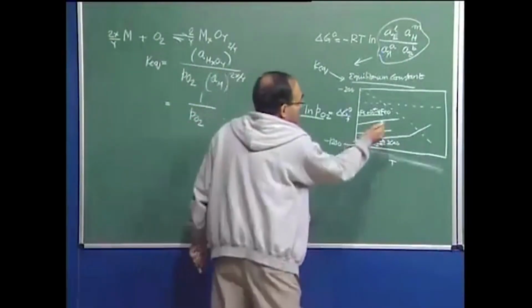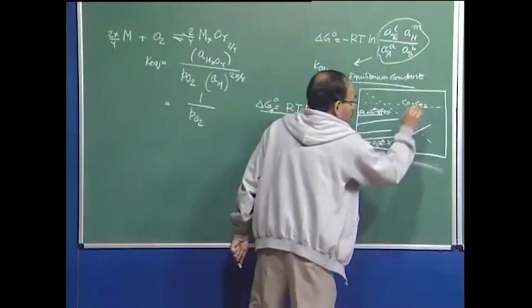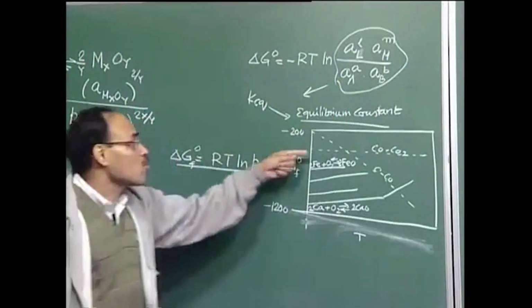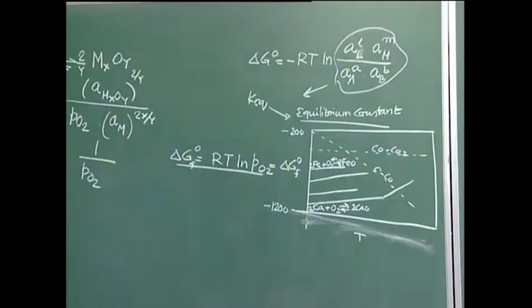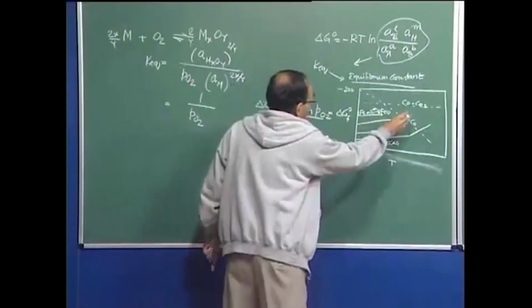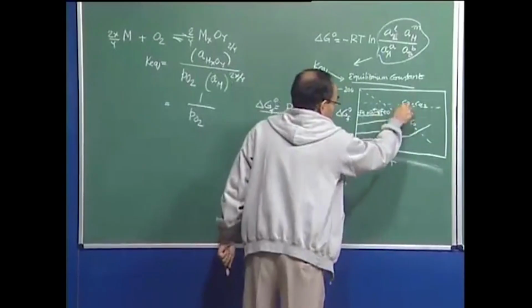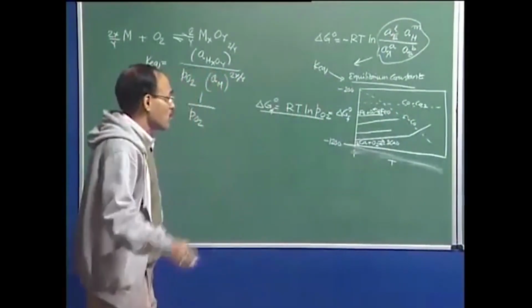And this line is the C to CO line, and this is the CO to CO2 line. You must know why the slopes of the lines are different: simply because of the difference in the entropy values for these reactions, and it's the standard entropy that causes an opposite slope for the carbon monoxide and carbon dioxide lines. This you must be knowing.